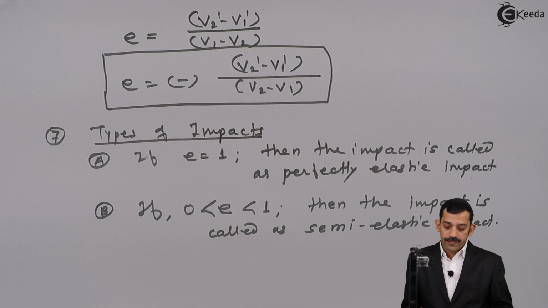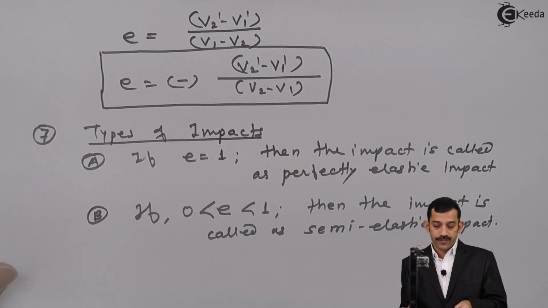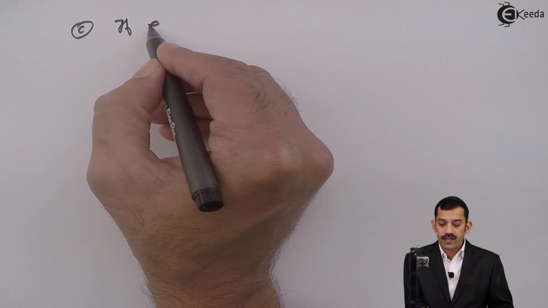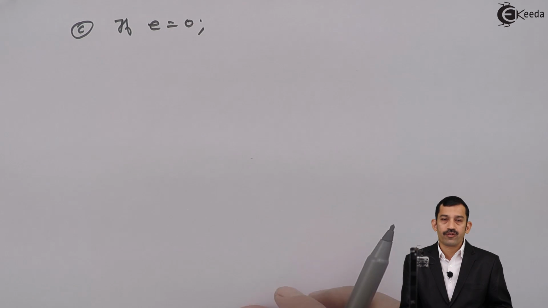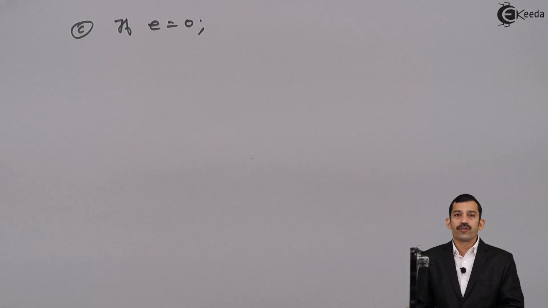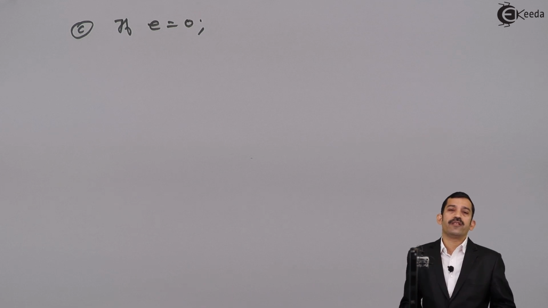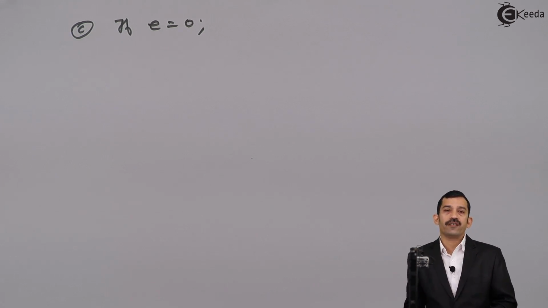Again, what is possible? The third case: if E equal to 0, this is also possible. When E equal to 1, the impact is perfectly elastic impact. When E is greater than 0 and less than 1, the impact is called semi-elastic impact.